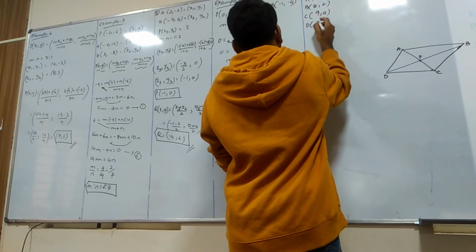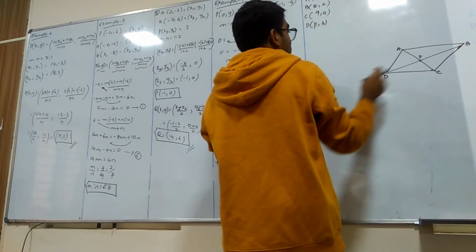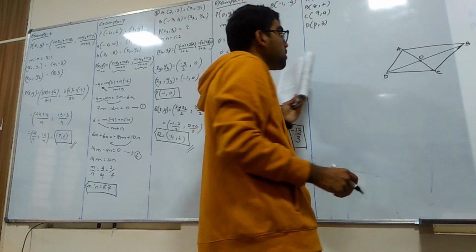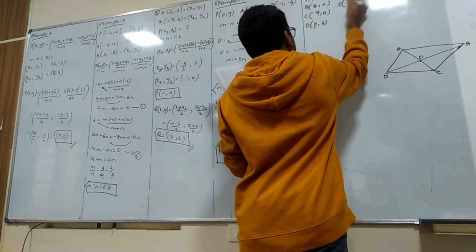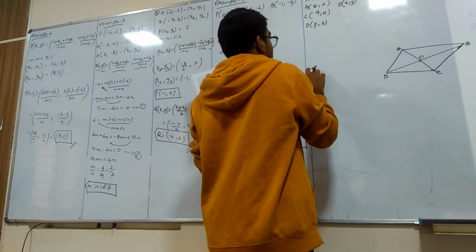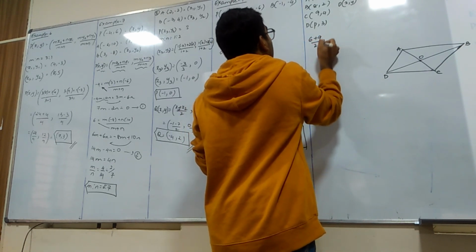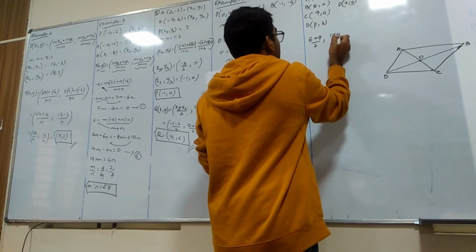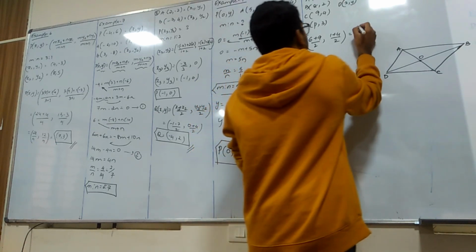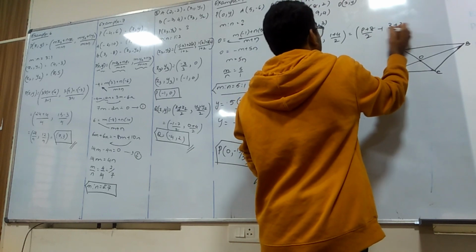What is D? 3 comma 3. Okay. I will take the midpoint as O, so that it will not be confused with this P. O will be x comma y. For AC, x1 y1, 6 plus 9 divided by 2, x2 y2, 1 plus 4 divided by 2. For DB, I will write P plus 8 divided by 2, 3 plus 2 divided by 2.